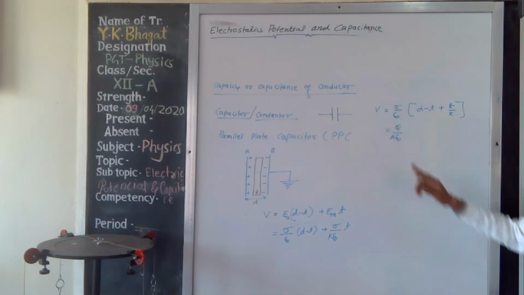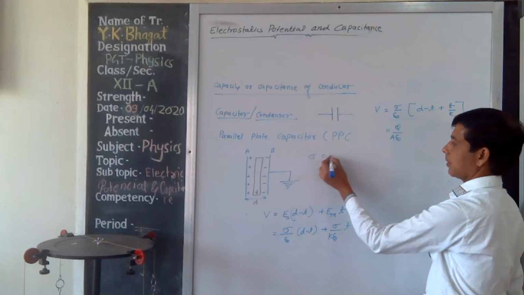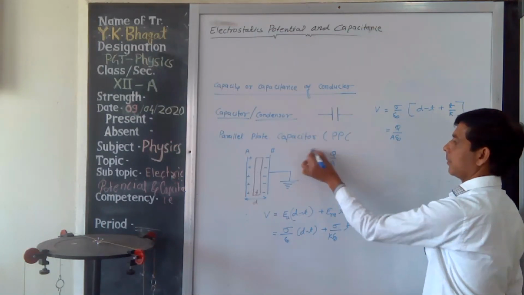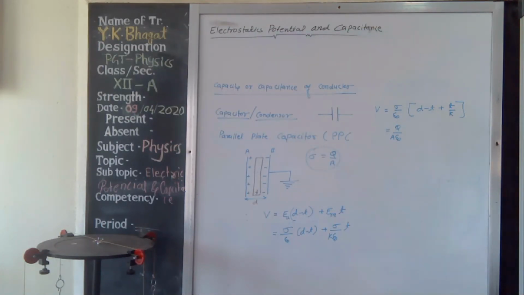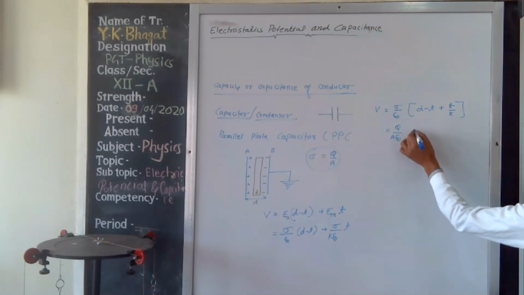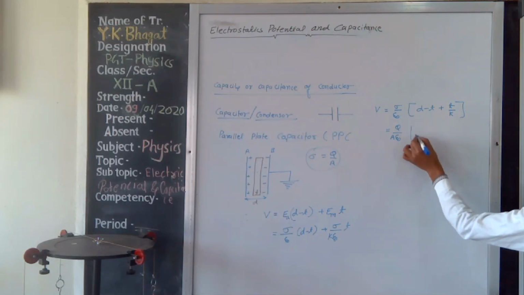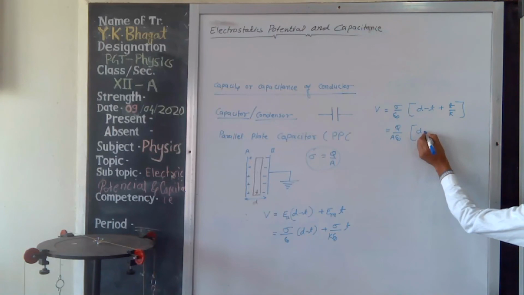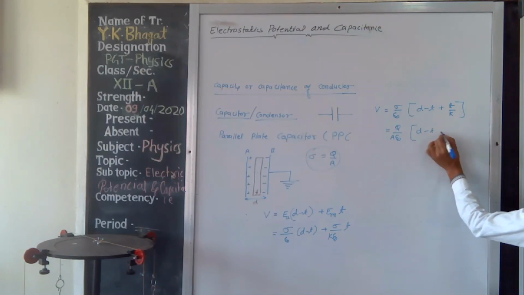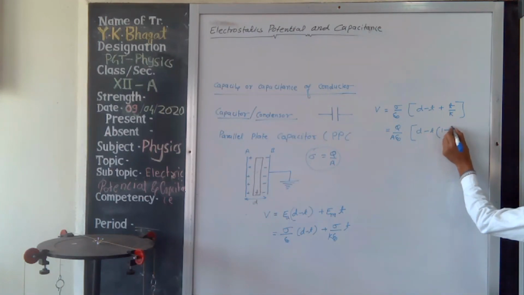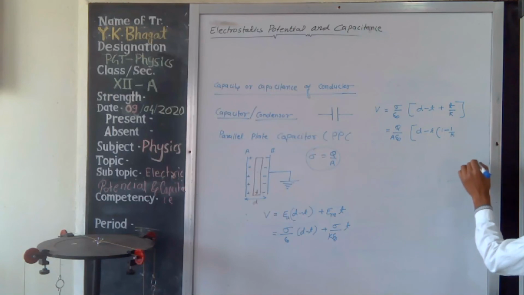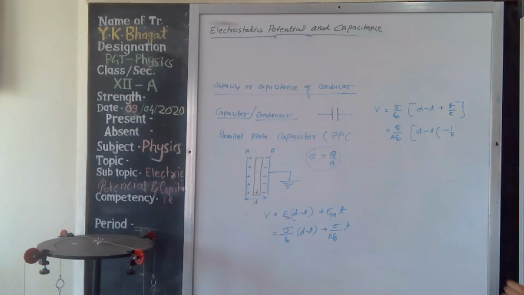Now D minus T taken as common, here 1 minus 1 by K.